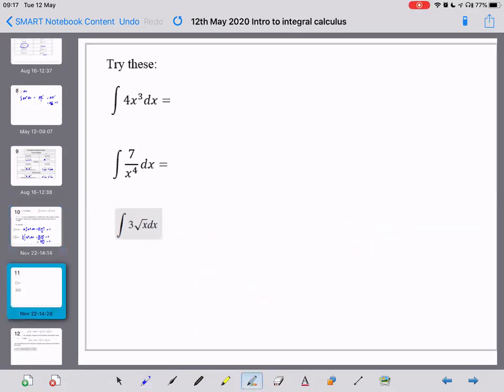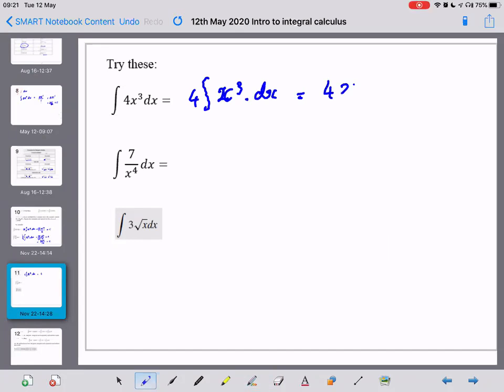Right, try those three. I did 4 with the S thing. Yeah, integral of x to the 3 dx equals 4x to the 4 over 4 plus c.